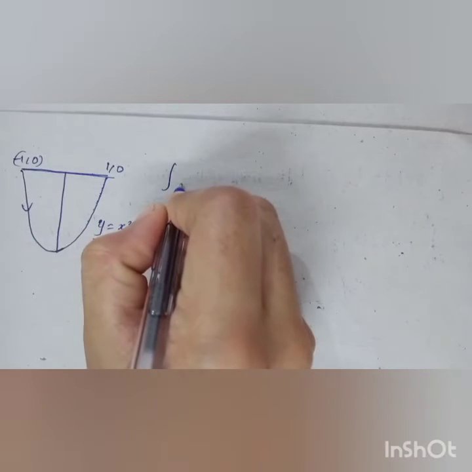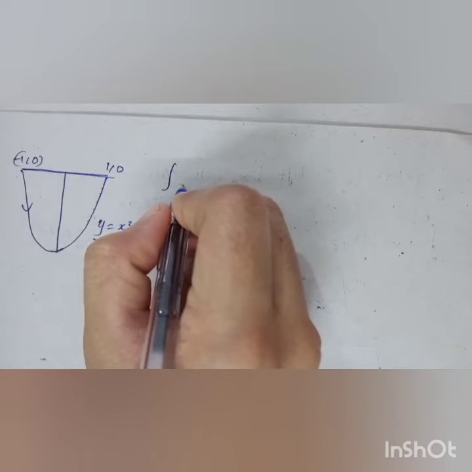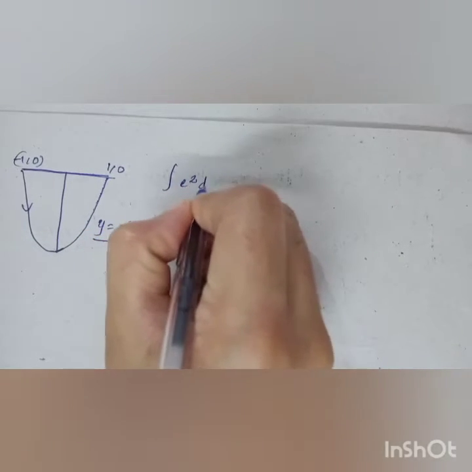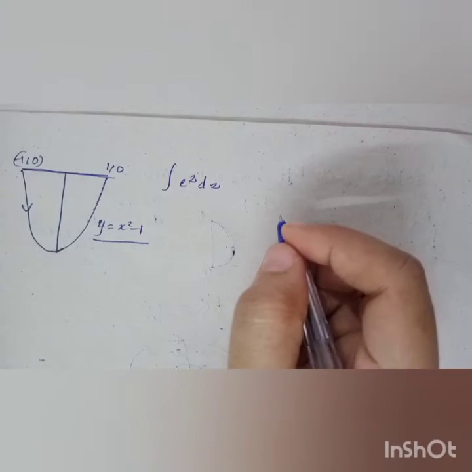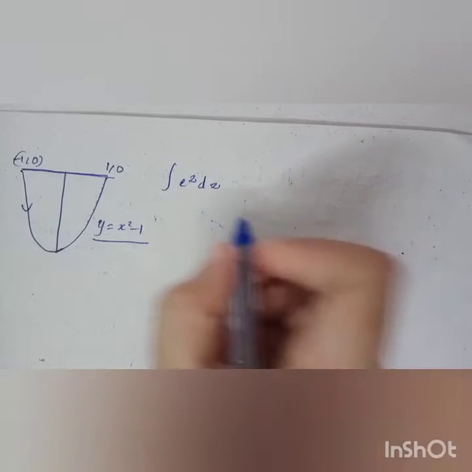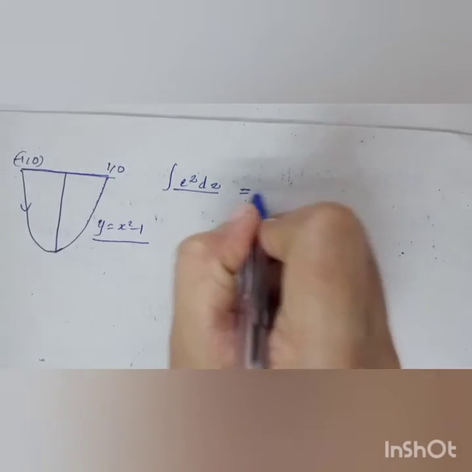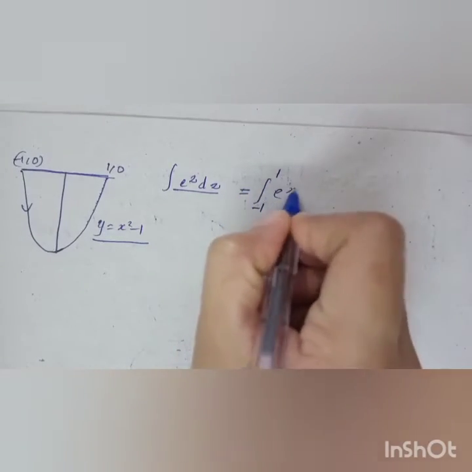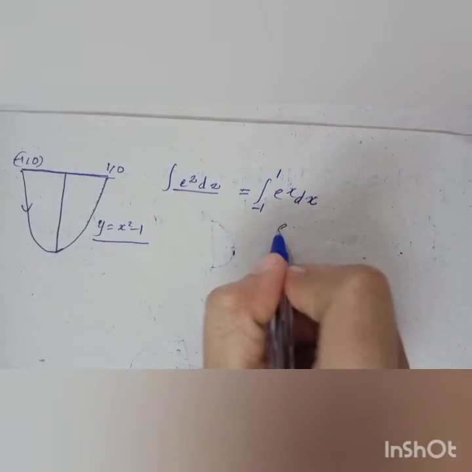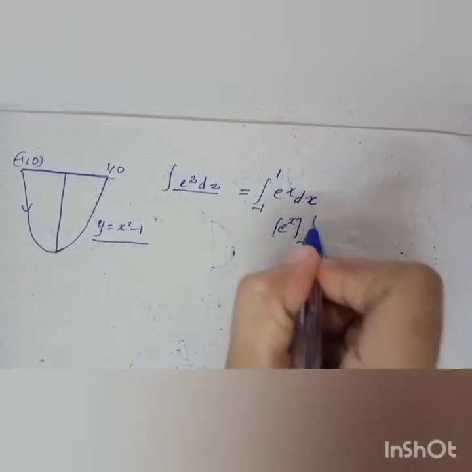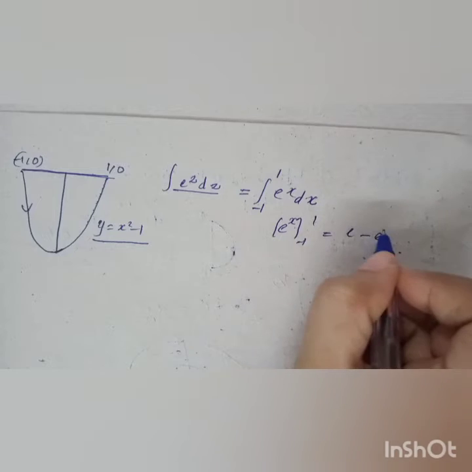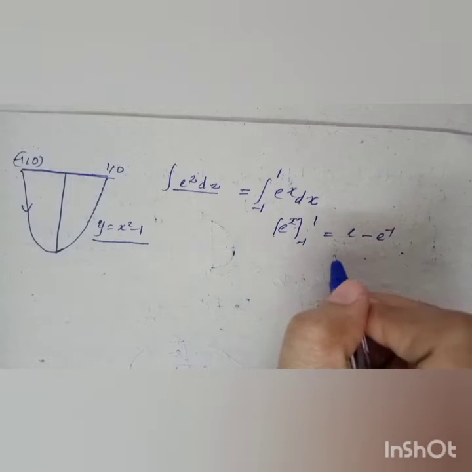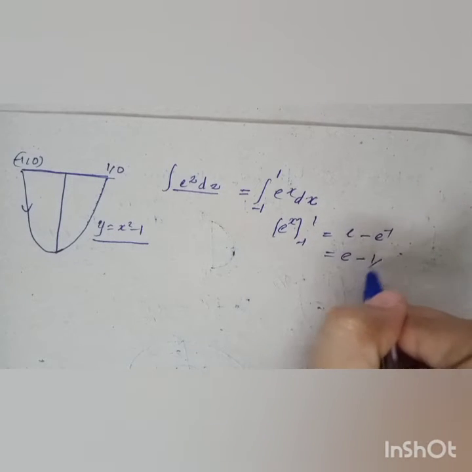So you have to integrate e raised to z dz, that is equal to the integral from minus 1 to 1 of e raised to x dx. So e raised to x from minus 1 to 1, that is e minus 1 by e.